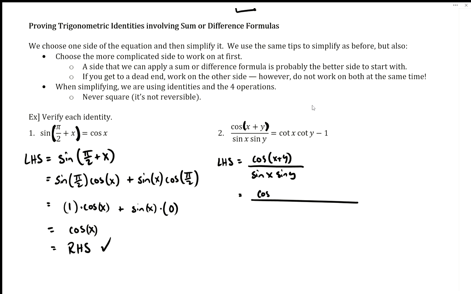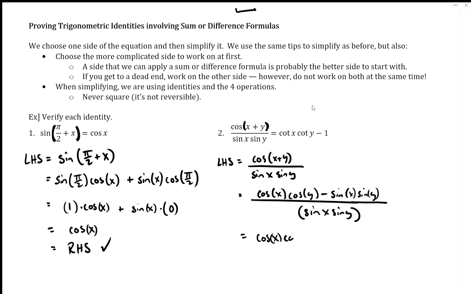Cosine tells me I should do cosine and cosine, minus sine and sine, over sine x sine y. From here, I have a single denominator, so I'm going to break the fraction into parts.